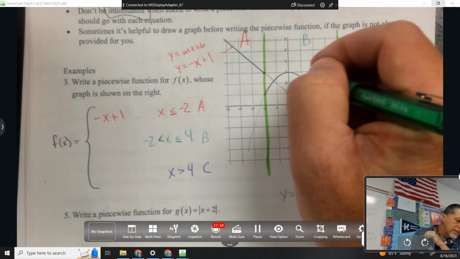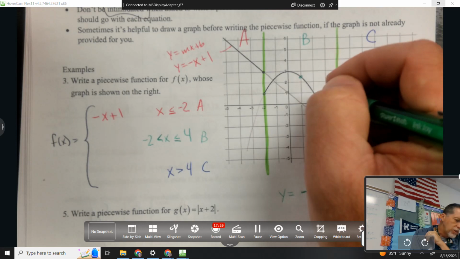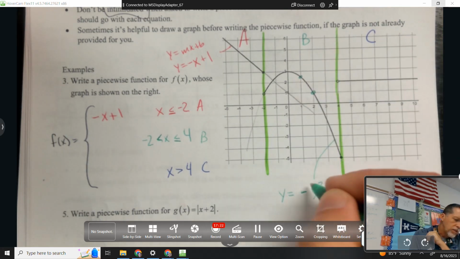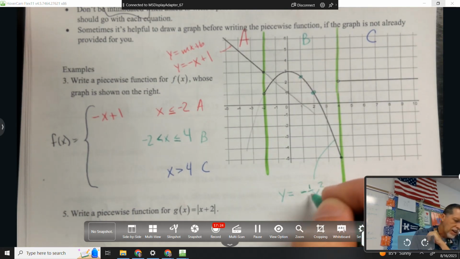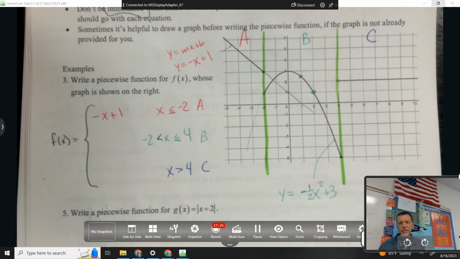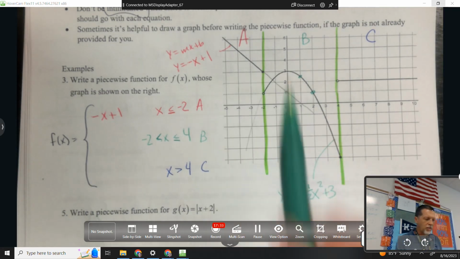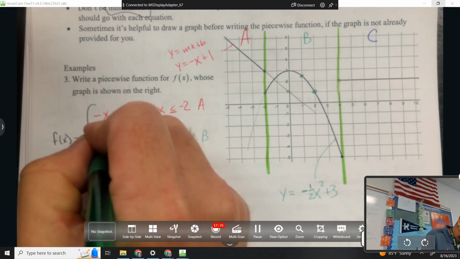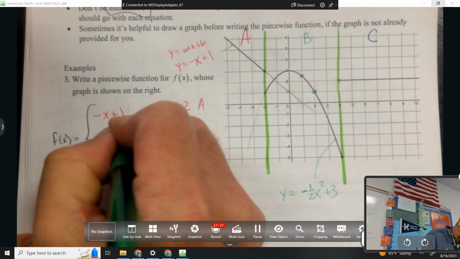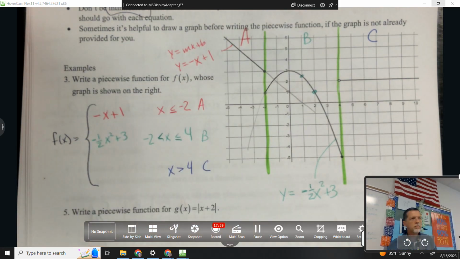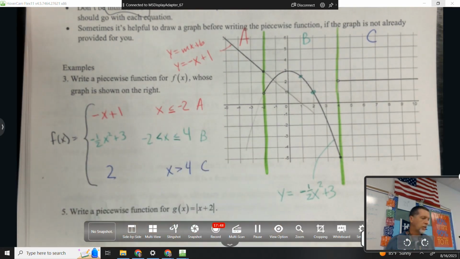Over 1, down 1/2. Over 2, down 2. So there's a 1/2 in there. So -1/2 x squared plus 3. There was no left and right shift, so I didn't have to worry about that. -1/2 x squared plus 3. And then lastly, oh, that's an easy one. Y equals 2, or f of x equals 2.